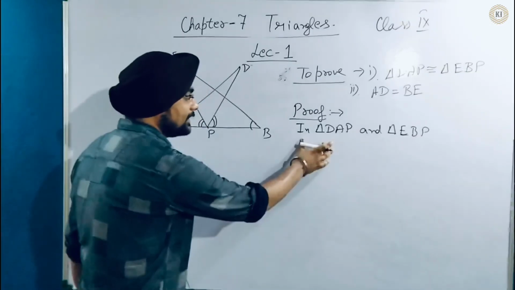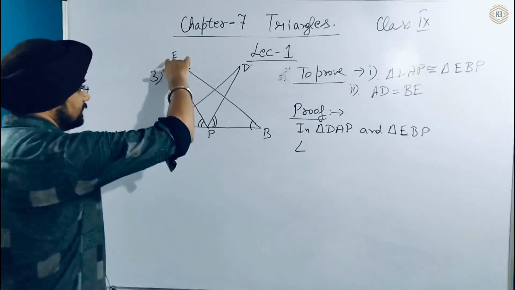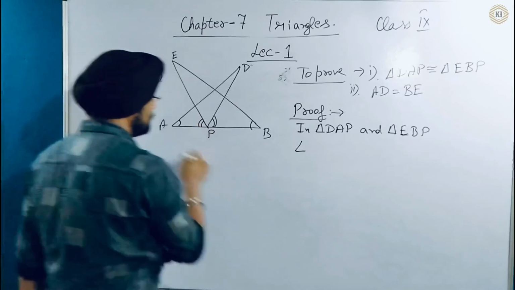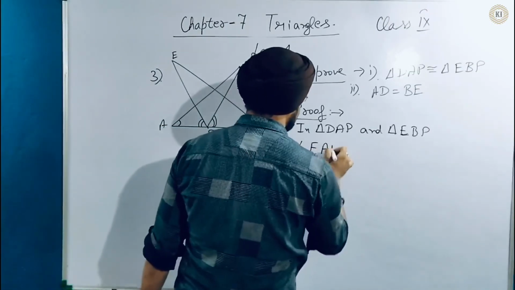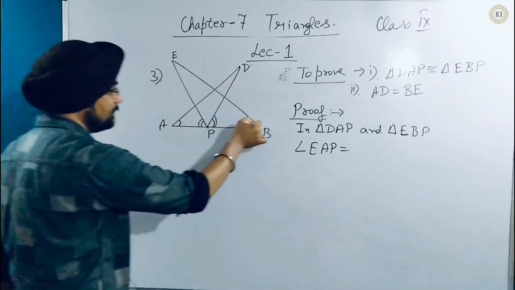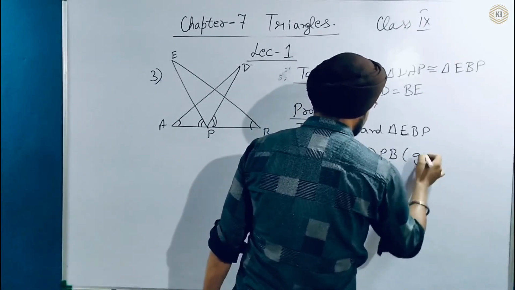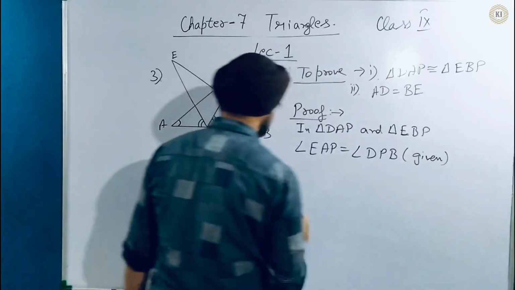So in triangle DAP and EBP, angle EAP is equal to angle DPB. Reason: given.